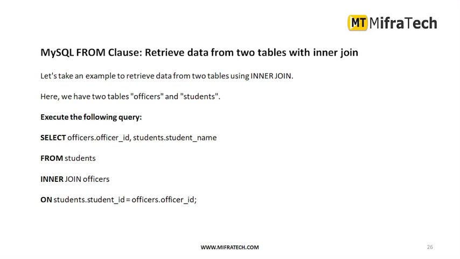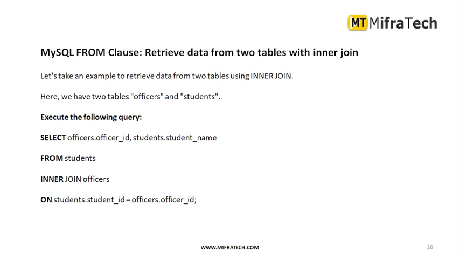MySQL from clause: retrieve data from two tables with inner join. We use inner join for combining two or more tables. Let's take an example of retrieving data from two tables using inner join. Here we have two tables, officers and students. Select officers dot officer ID, comma students dot student name.